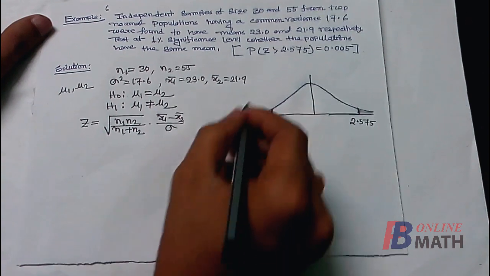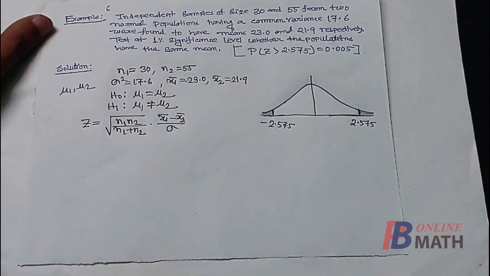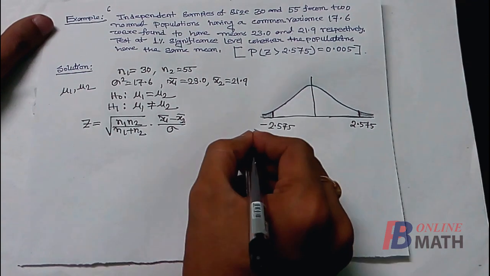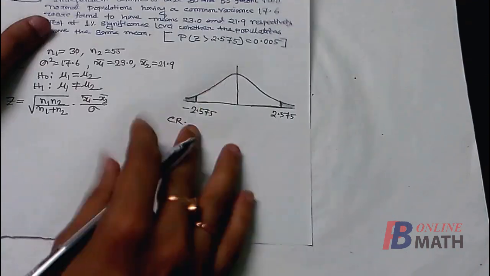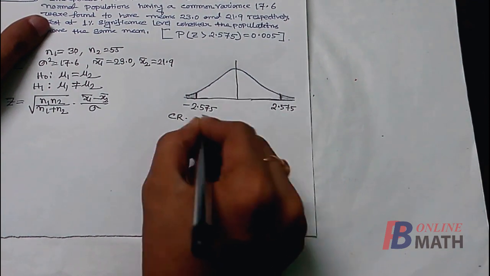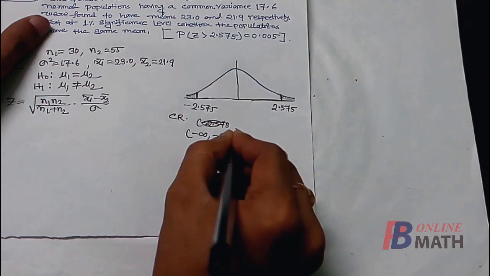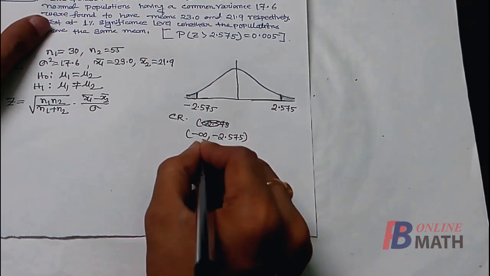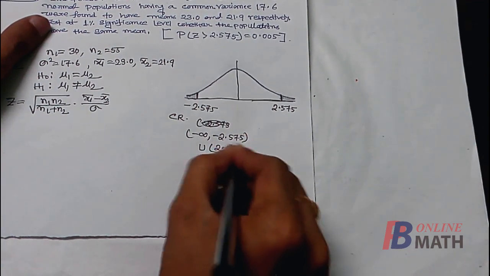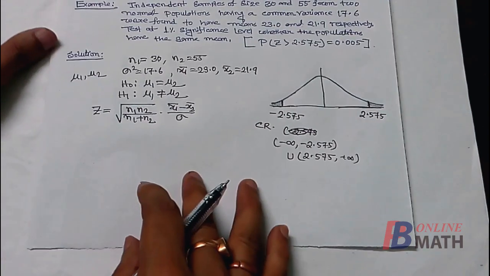So these two are the critical regions. We write the critical region as CR, that is minus infinity to minus 2.575, union 2.575 to plus infinity.